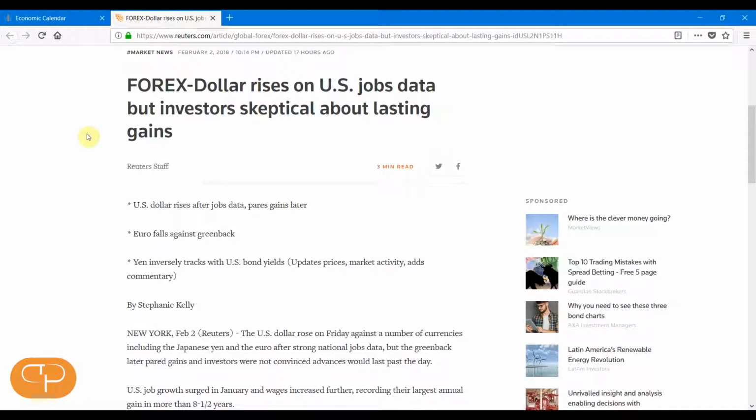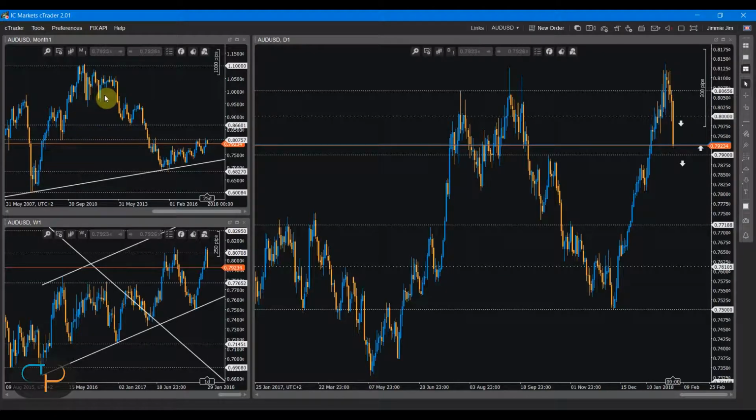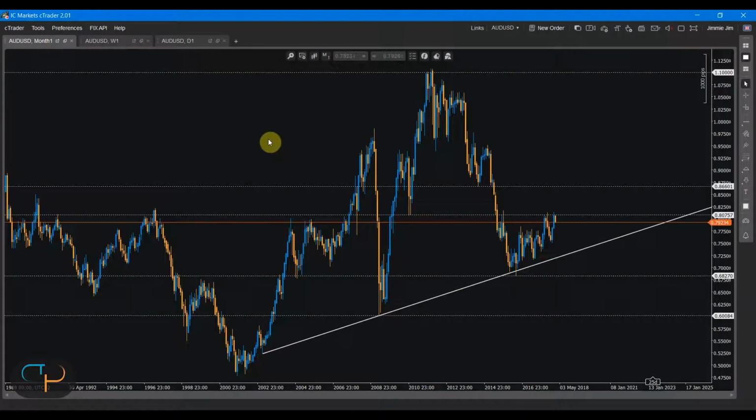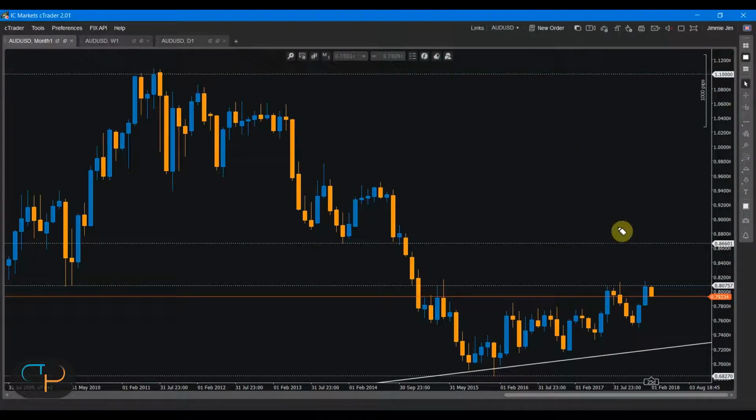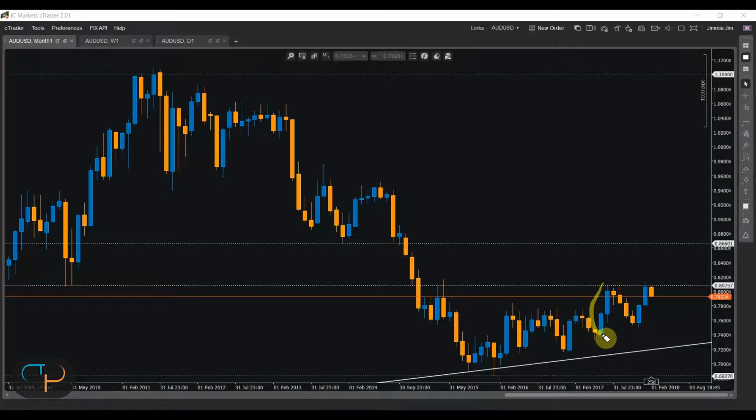Now let's check the charts. We'll first look at the monthly and weekly chart just to get the idea, the direction, and then we'll look for opportunities on the daily chart. So on the monthly chart, the first look gives the idea that the bias is a bullish one because we have this ascending trend with higher lows, and because the last candles are very energetic.